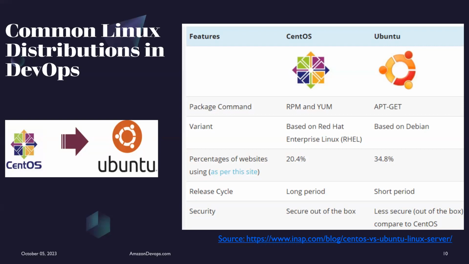Release cycle, CentOS 10 years, long period. Ubuntu 5 years, short period. In terms of security, CentOS is considered to be more secure out of the box. Ubuntu is considered to be less secure out of the box compared to CentOS.